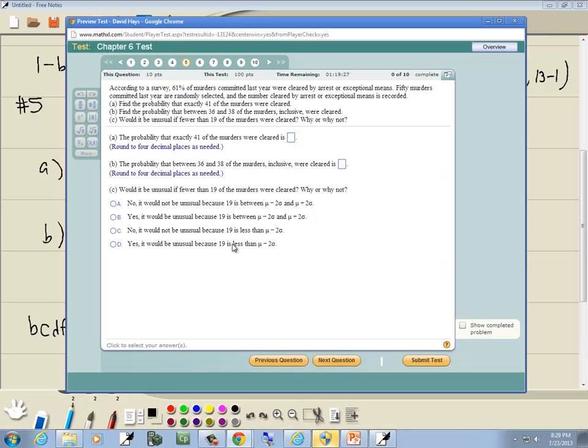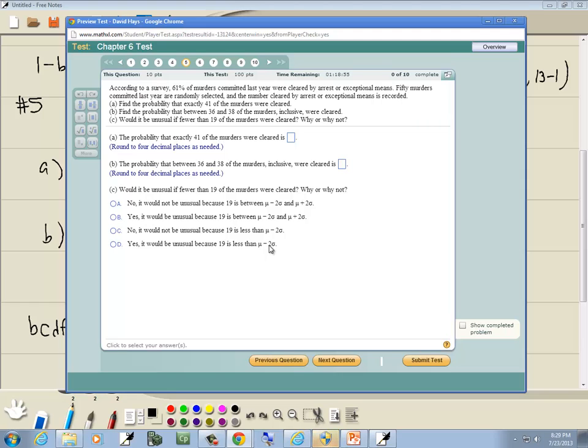Now, when they're saying unusual, see how it says is between this value and this value, or is less than this, type of deal. Remember, in statistics, I think 95% of the data, I think it's exactly 95%, falls between plus or minus 2 standard deviations.